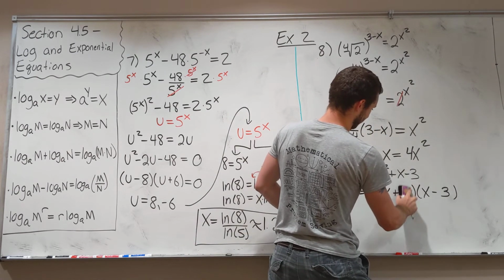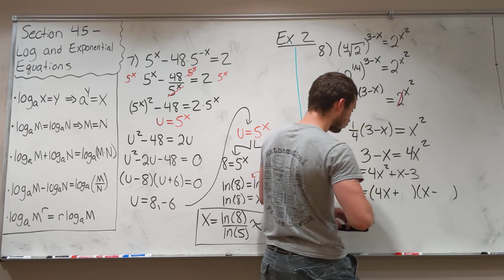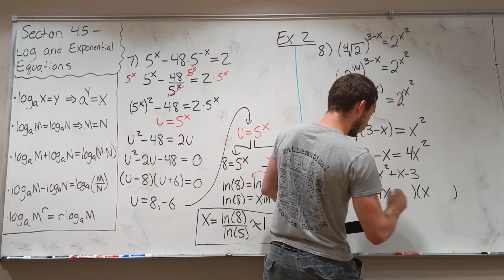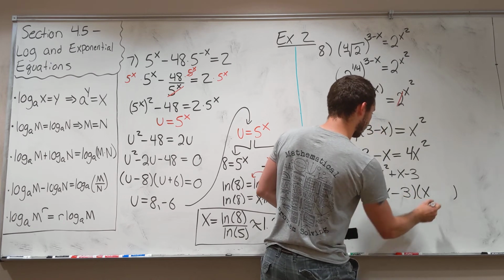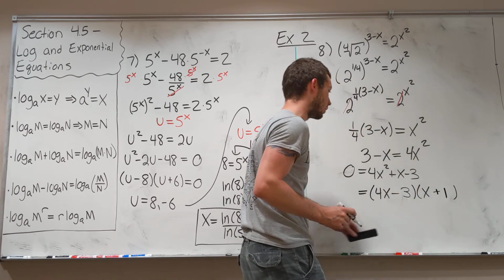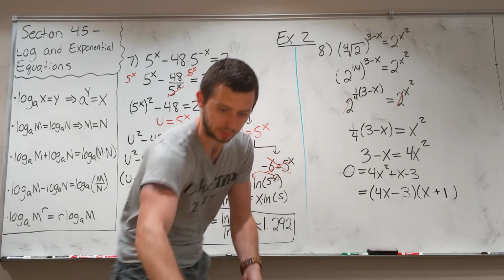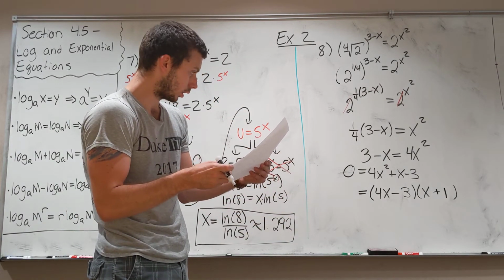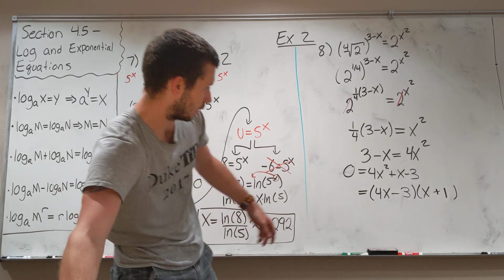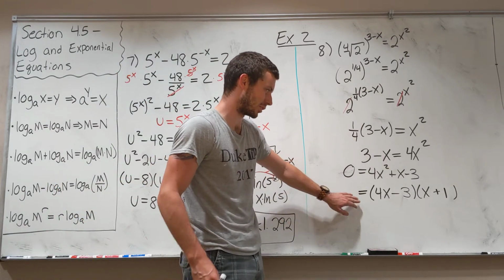Try that again. Minus 3 here, plus 1 here. Okay, that should be better. Let me make sure. Okay, 4x. So this would be the correct factorization.